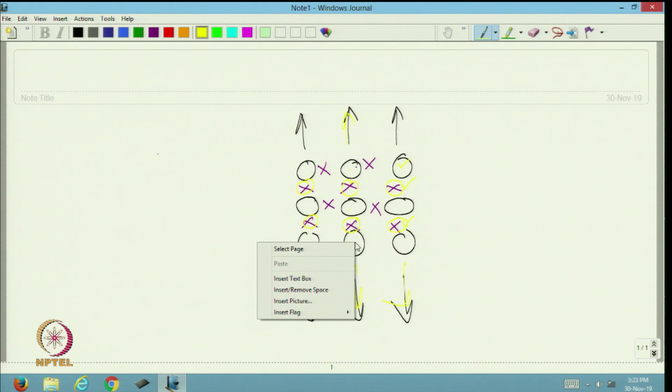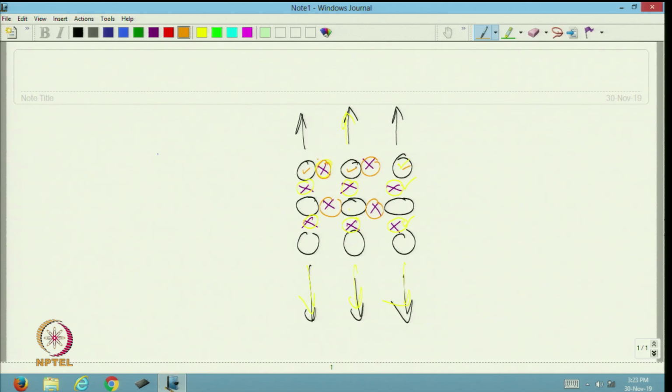But on the other hand, the matrix parallel to fibers is not subjected to high stress because the load is being shared by the reinforcing material.